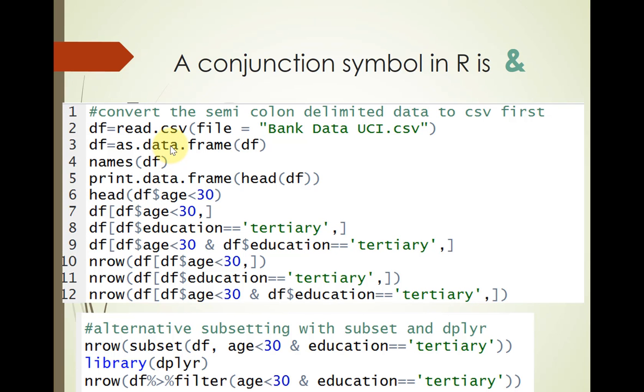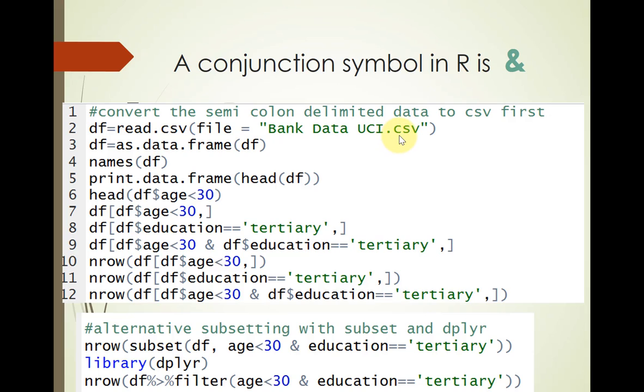And then what we need to do is, I actually called it, it's not called bank data UCI, it's just called, I think, bank. Inside the zip file, I think it's called bank.csv, but I renamed it this. And then this is the way you can read it. Now this is actually not the right way to read it, and we'll see the better code for this in a minute, because this data is not comma separated data.